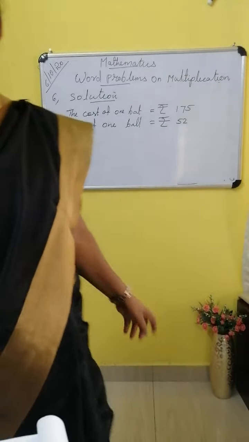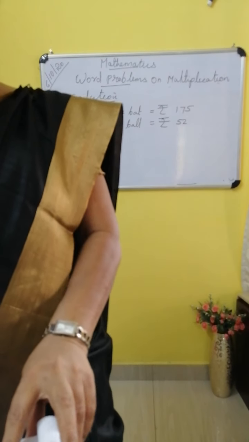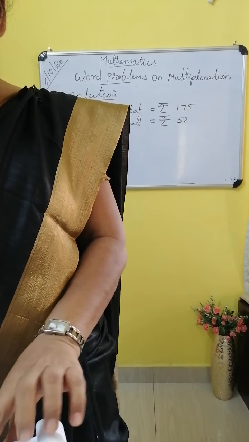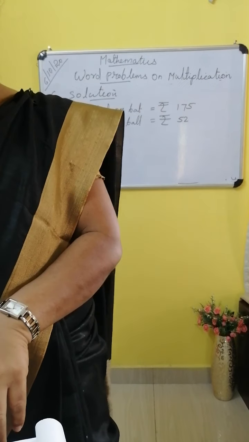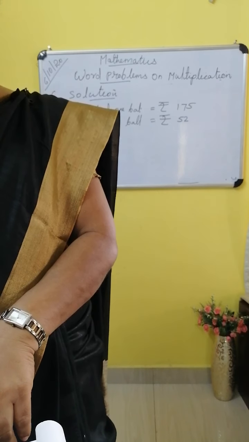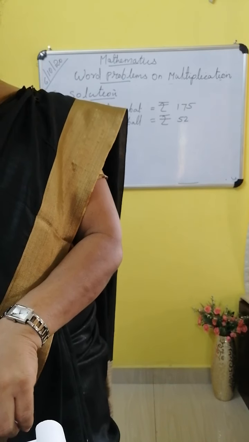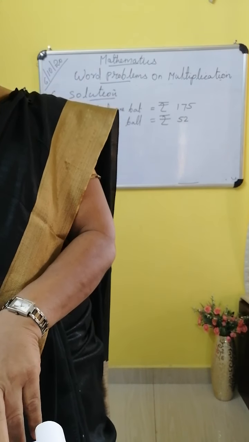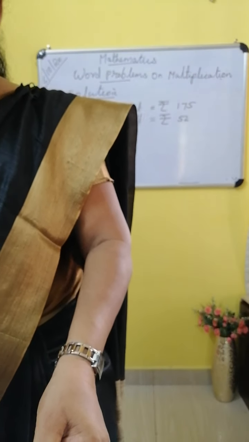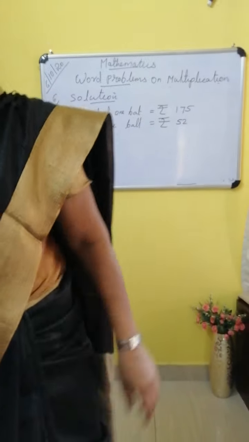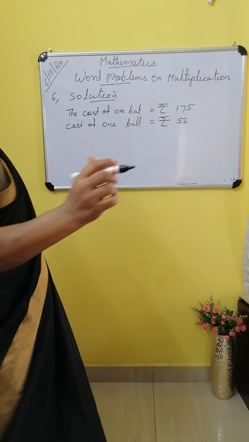Then we have to find out the cost of 42 such bats and 42 such balls. We can find out separately. Okay, we have to multiply 175 into 42. That is the cost of bats.